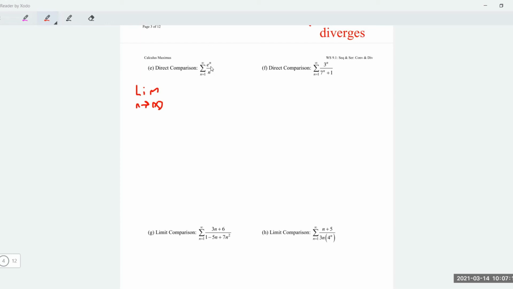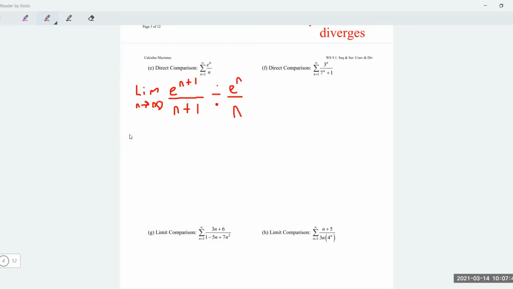So u(n+1) is e to the n plus 1 over n plus 1, replacing n with n plus 1, and then it is divided by your u(n), which is just e to the n over n.